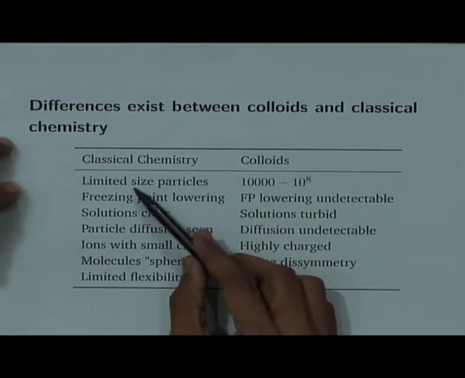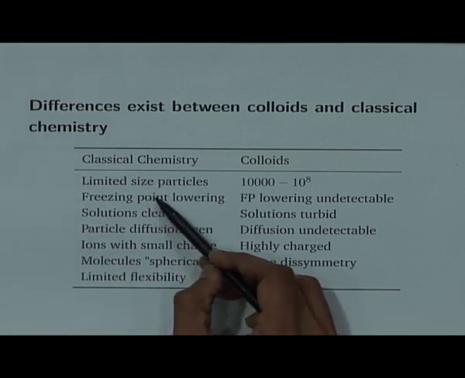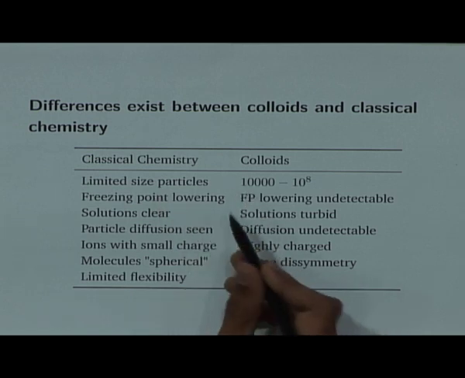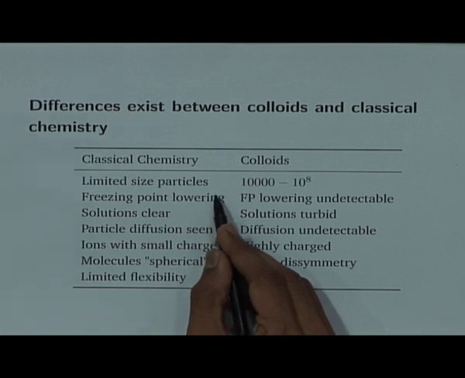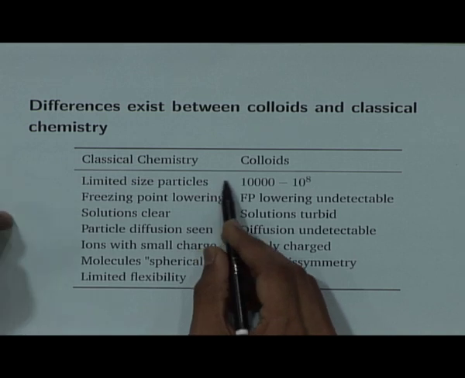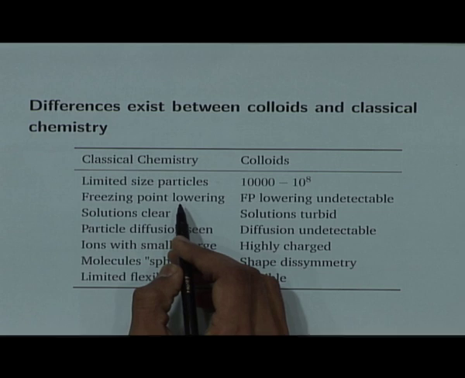So, typically in classical chemistry, the particles that are involved are limited in size, by which I mean that the molecular weights that we are looking at are reasonably small, maybe 600, 1000 Daltons for example. So, we are dealing with particles which are relatively limited in size.